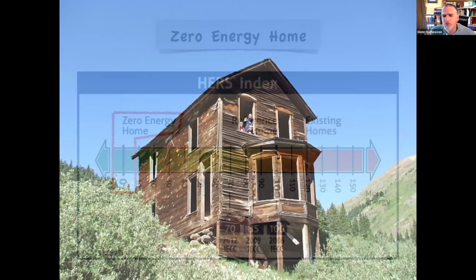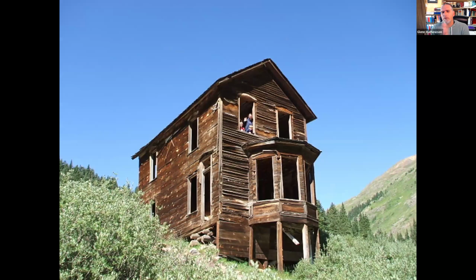So let's think about this for a minute. This is a photo I use in a lot of my classes from many years ago. This is Ominous Forks, Colorado. It's a ghost town. You can see it's way up in elevation. This is an old house built there in the 1800s. Clearly no insulation in this. Clearly, I mean, obviously this house could be bleeding energy out everywhere.